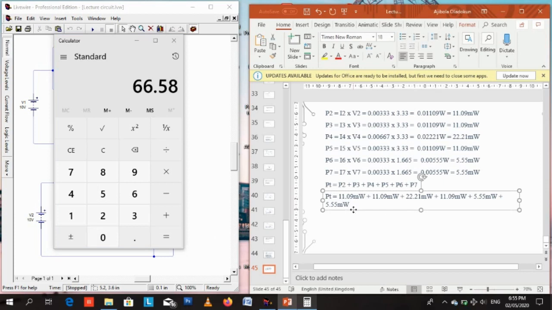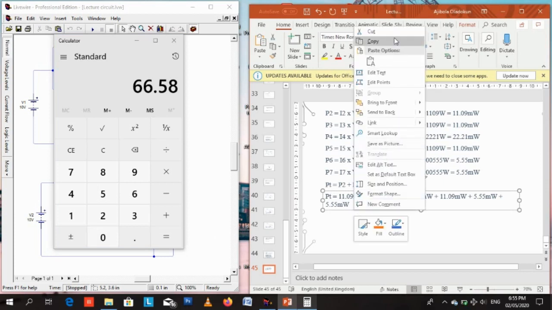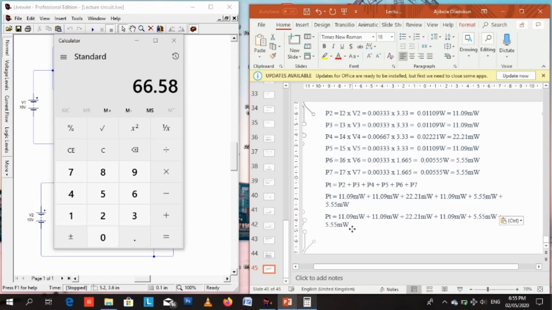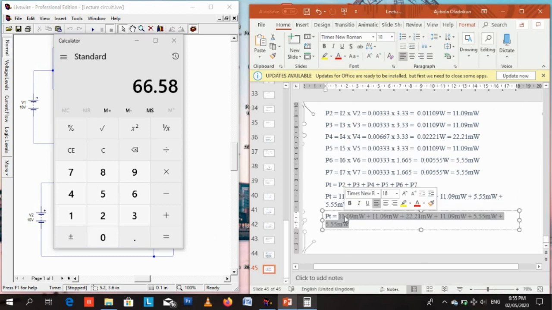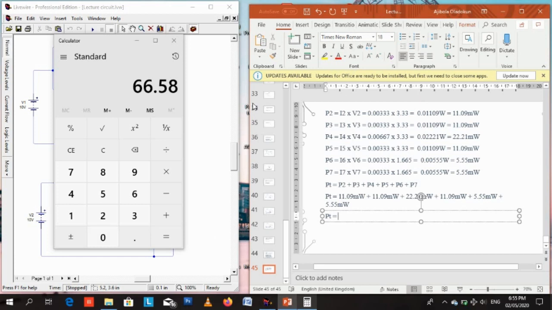In other words, we can also call it the total power supplied by the DC voltage source or the battery. Total power supplied by the battery to the circuit is 66.58 milliwatts. It is also the power consumed by all the loads.